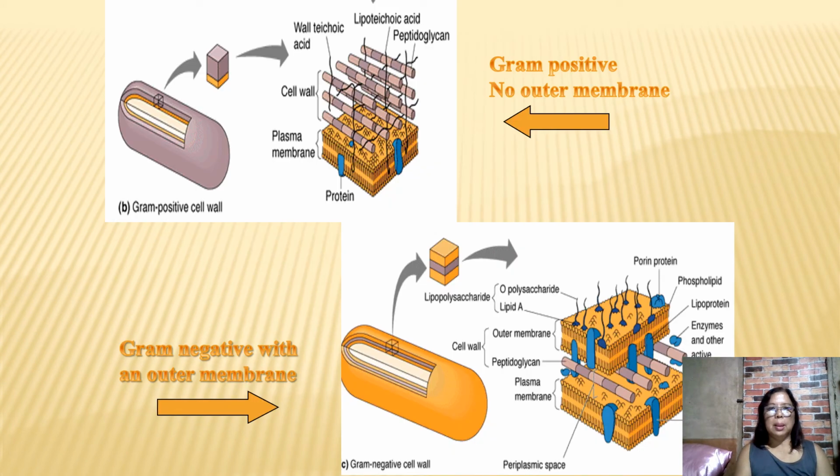So the gram-positive is violet because it absorbs the dye or the stain that is used in defining its structure. Whereas for the case of the gram-negative, it is just red, no?